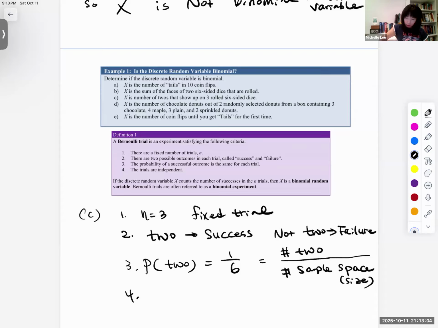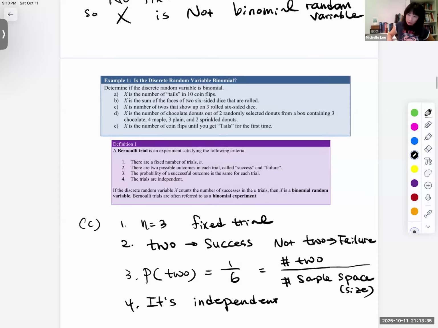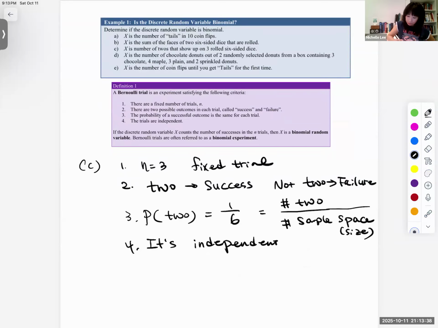All right. Number 4. Trials are all independent, yes. So the first outcome does not affect the second outcome. The second outcome does not affect the third outcome, and so on, right? So it's independent. Then we can say X is a binomial random variable.